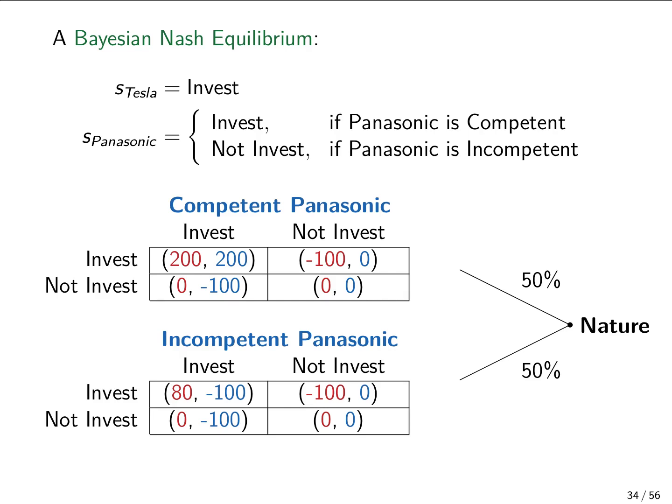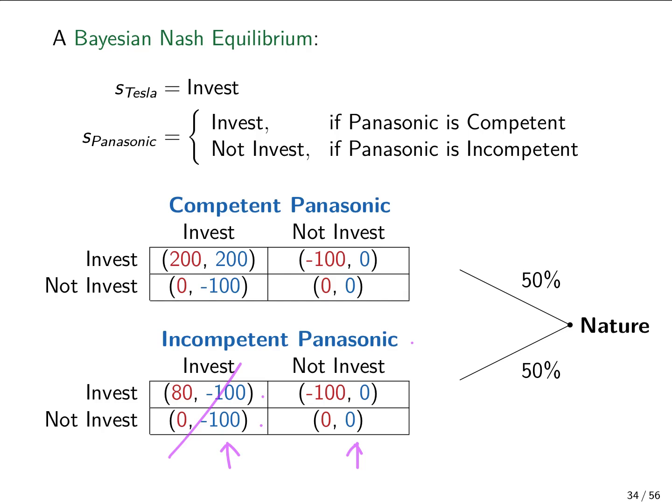Right. So first, for incompetent Panasonic, investing is a strictly dominated strategy. It always gives minus 100 as compared to 0. So we can essentially eliminate it. Not investing is going to be the best response for incompetent Panasonic.